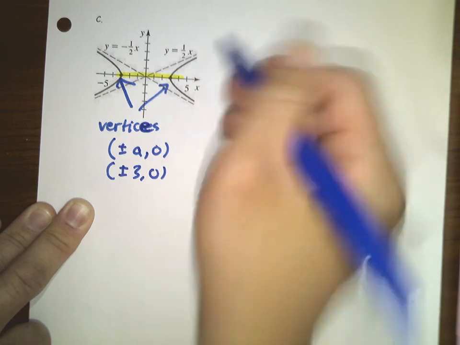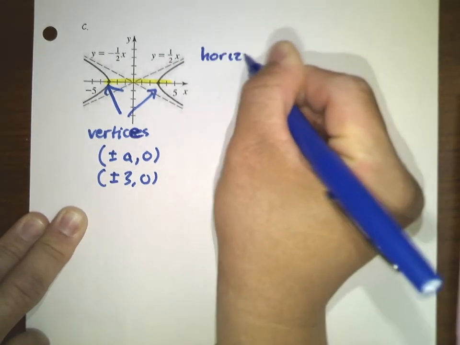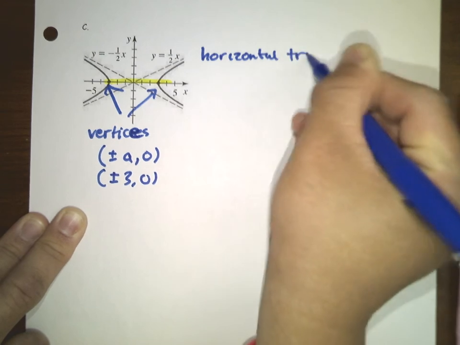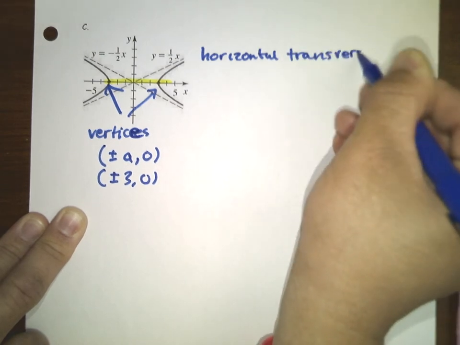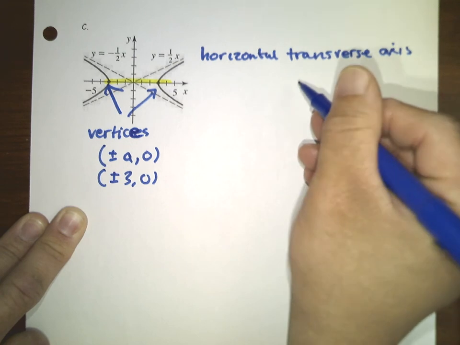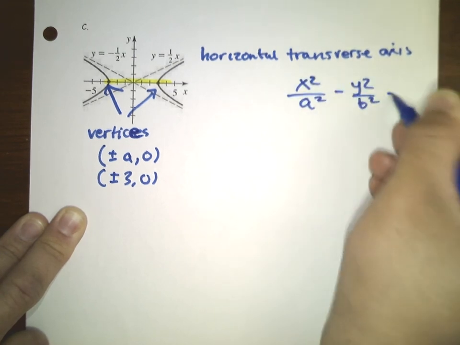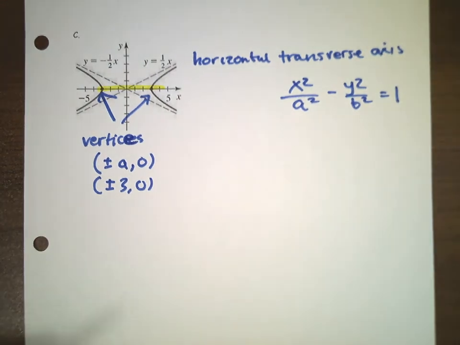For a hyperbola with a horizontal transverse axis, the form is x squared over a squared minus y squared over b squared equals 1.